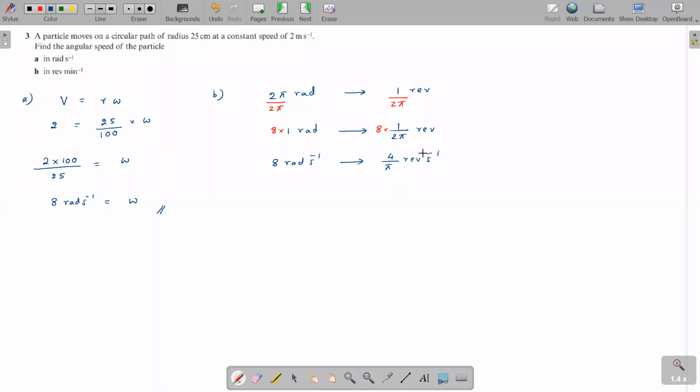And then they wanted revolutions per minute. So simply multiply 4 over pi by 60 and we get revolutions per minute. So 4 into 60, that's 240 over pi revolutions per minute. So this is the angular speed of the particle in revolutions per minute.